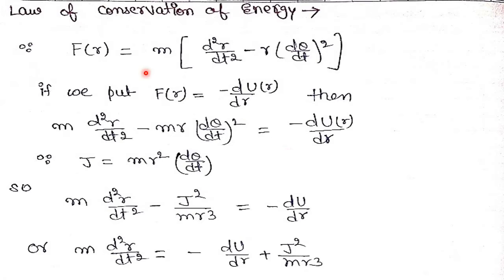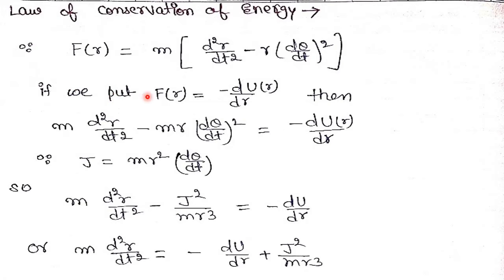From the previous section, we have the equation of motion Fr equals m d2r/dt2 minus m r (d theta/dt) whole square. This is the equation which we have determined in previous sections.